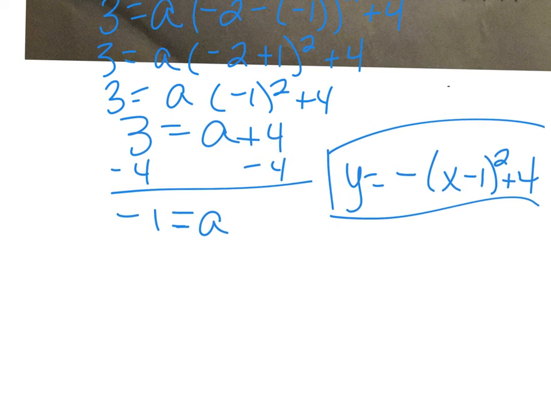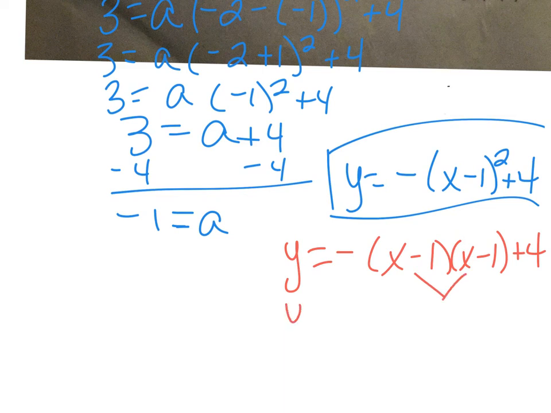Okay, now to do standard form, you basically just go through and do the math. You just expand this binomial and then combine like terms. So we have y equals opposite x minus 1 times x minus 1, that's what the exponent means, plus 4. So I'm going to do this binomial multiplication first. Don't forget you have a negative sign out here. That's x squared minus 2x plus 1, and then I have a plus 4 on the end.